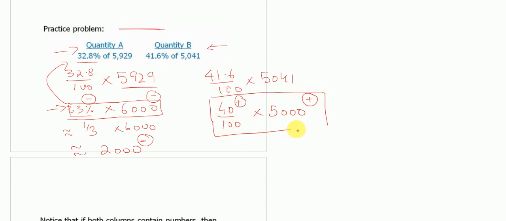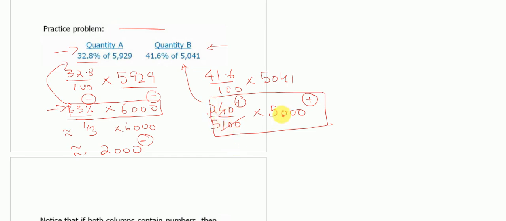These plus signs show that whatever number you compute here is an underestimation. Like here we had an overestimation, here we have an underestimation. So whatever number we compute here is going to be smaller than this number. We have 40 divided by 100, which is equivalent to 2/5.